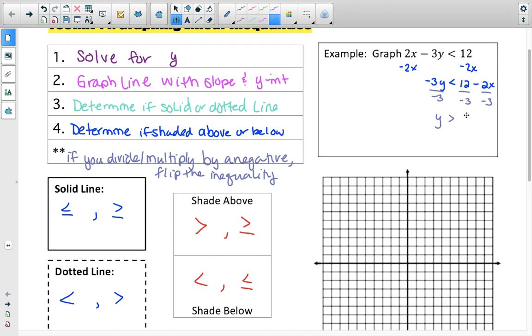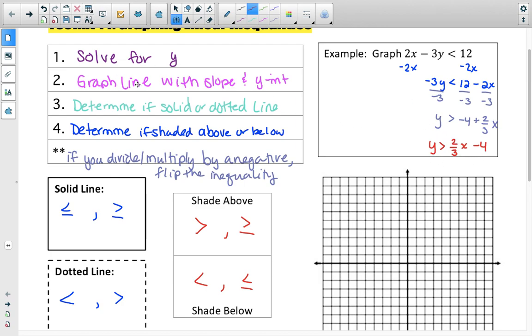Positive 12 divided by negative 3 is negative 4. Negative 2x divided by negative 3 is a positive 2/3 x. Now to rewrite this into the correct format, we would have y is greater than a positive 2/3 x minus 4. This is so we can find our slope-intercept.